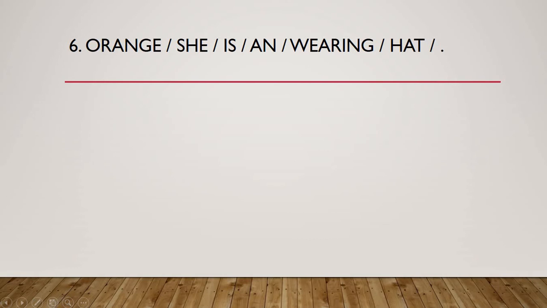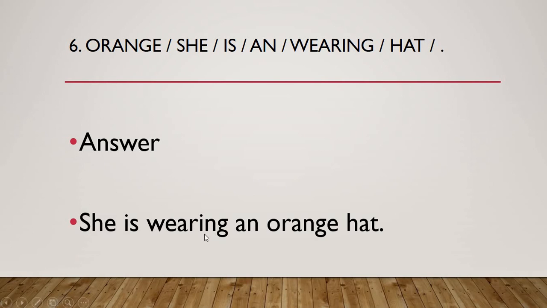Oh, this one is a bit easier compared to the 5th one. I hope many of you have already formed it. The genius one. This is even the test of your mind, how flexible it is, how speedy it is. The correct answer is she is wearing an orange hat.